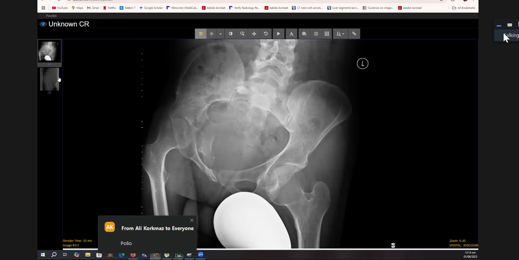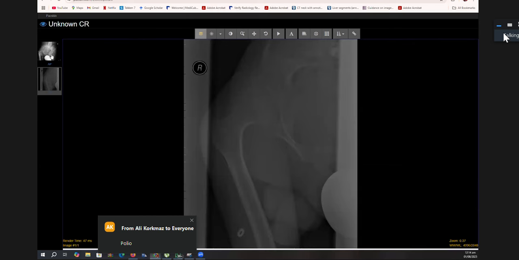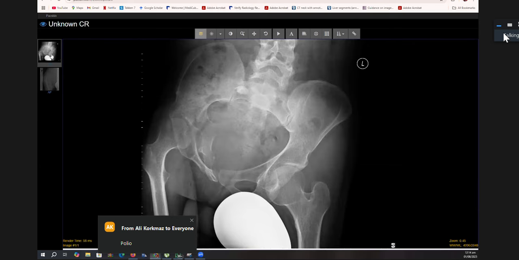Describe the right femoral head, femoral neck and femoral shaft.